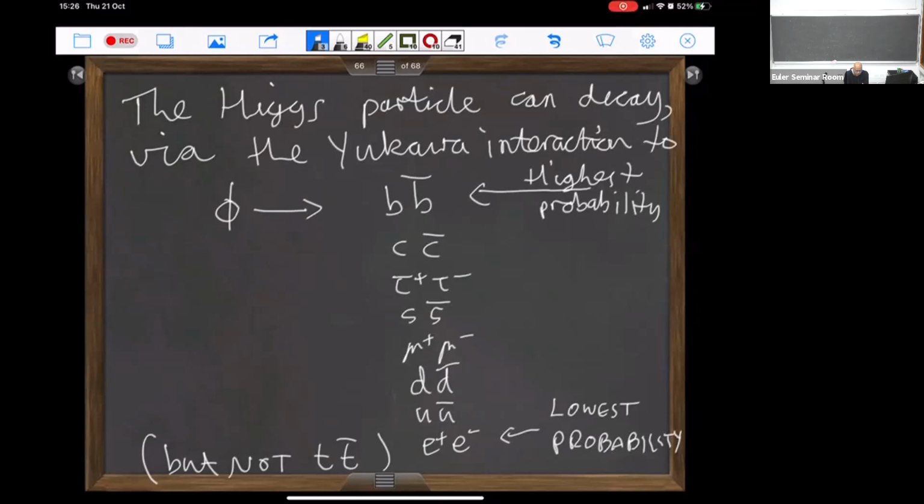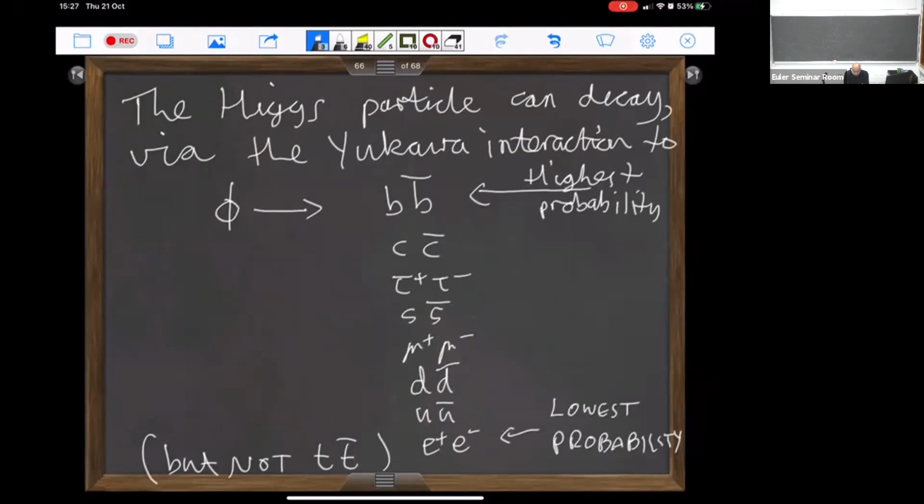But you can say, given 5 million Higgses, what the probability is that it will decay to, say, c c-bar and compare that to how often it will decay to d d-bar. And so the statement is that the decay of the Higgs is dominated by b b-bar, and for a 125 GeV Higgs, this is close to like 60% or something.